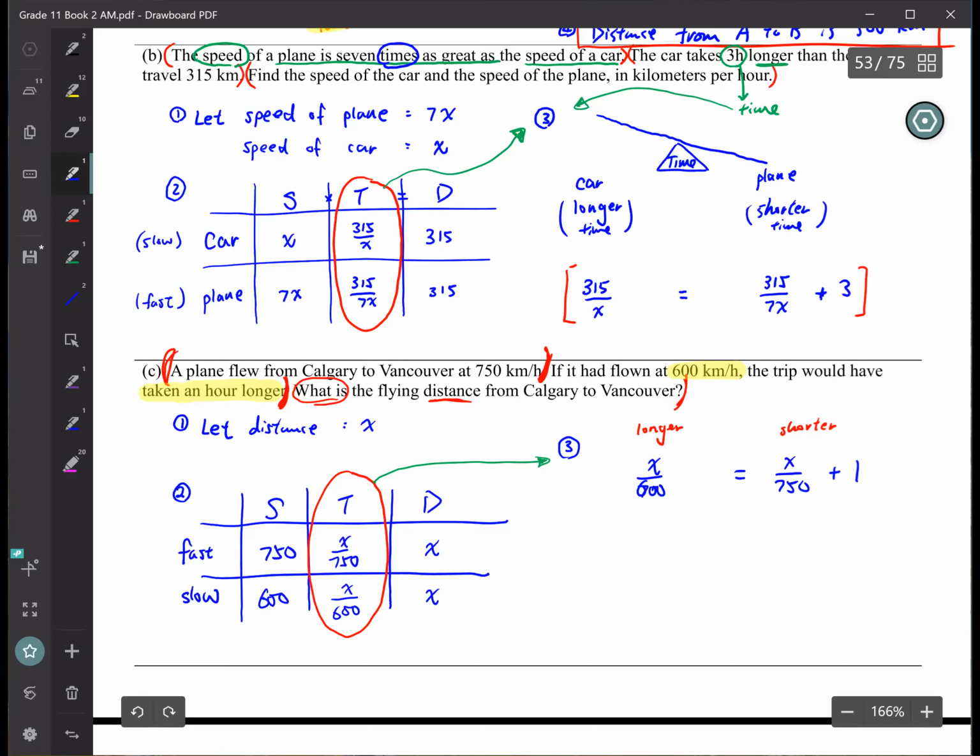I'm going to keep it at the minus 1 as before. That's the equation we will need to solve later. Then you multiply by the common denominator on both sides, and so on. So let's move on.